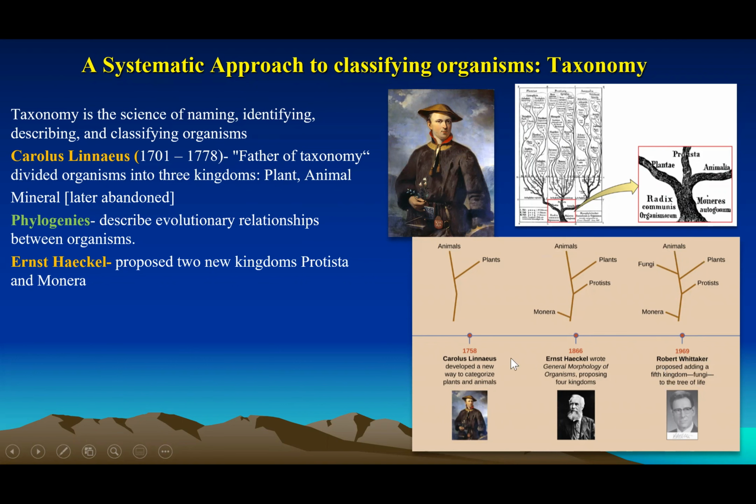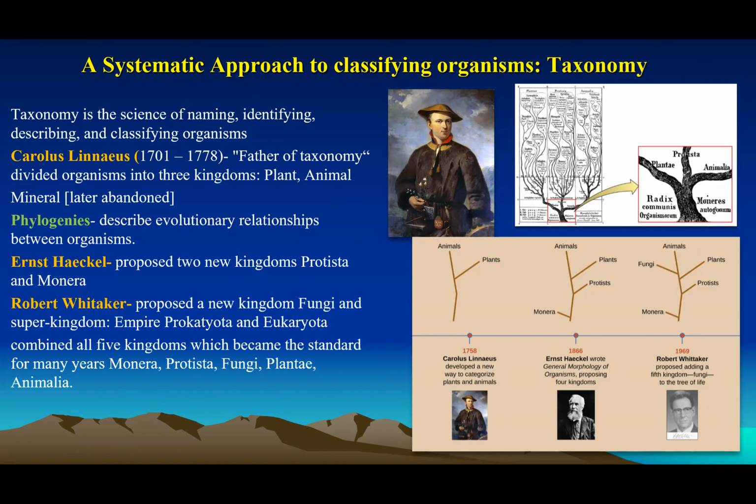So throughout history, we can see how scientists added on to the understanding of taxonomy. So he combined all the five kingdoms: Monera, Protista, plants, animals, and fungi. So this was the standard. This was followed for many, many years.